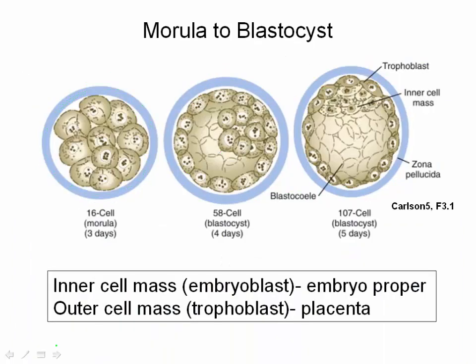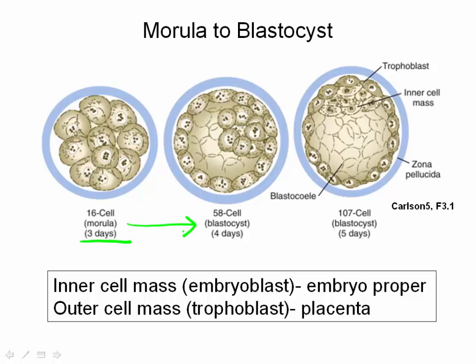Once the embryo undergoes 4 rounds of mitosis and consists of about 16 cells, it is now referred to as a morula, and this is due to its resemblance to a mulberry, which is what the name means. With a few more rounds of mitotic division, the morula gives rise to a blastocyst.